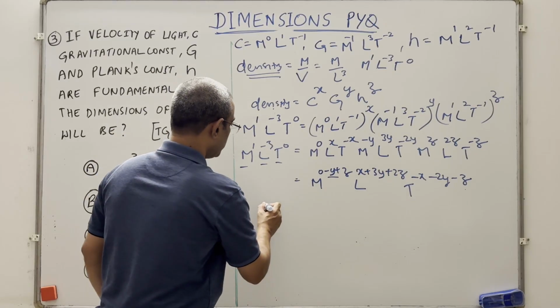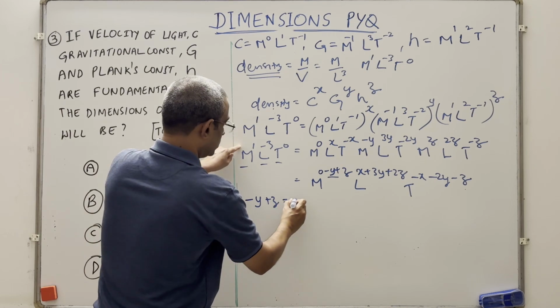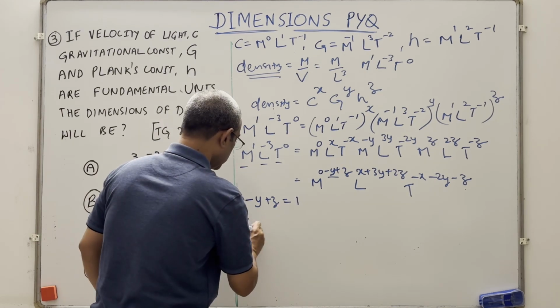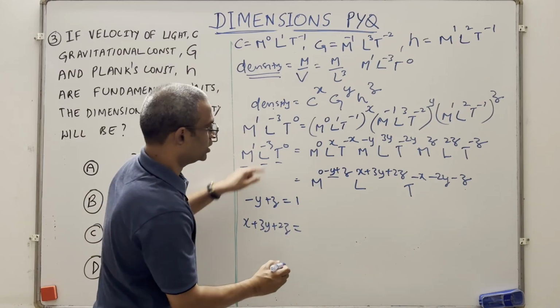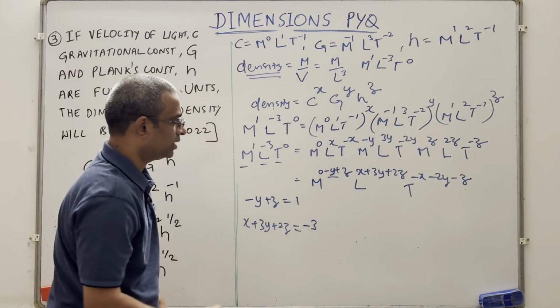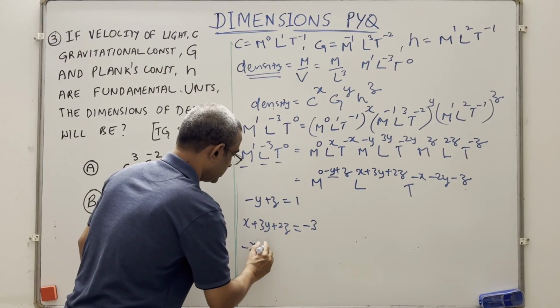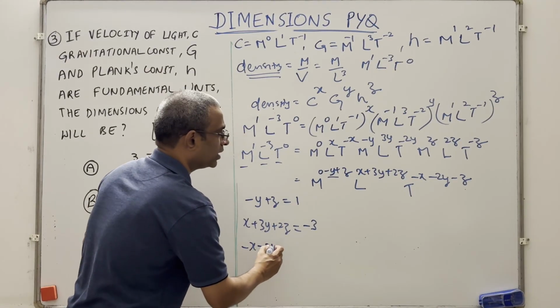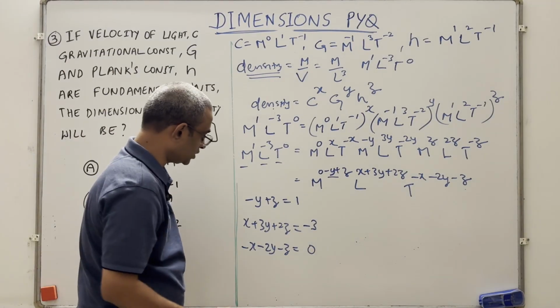So equating that, what do we have? Minus y plus z is equal to 1, x plus 3y plus 2z is equal to minus 3, and minus x minus 2y minus z is equal to 0. So these are the three equations we have.